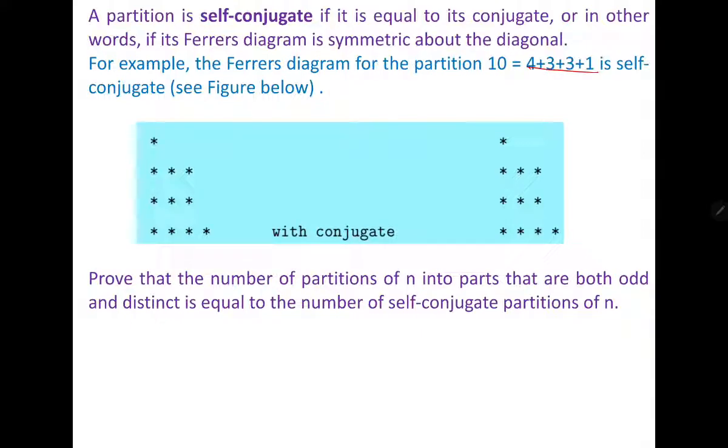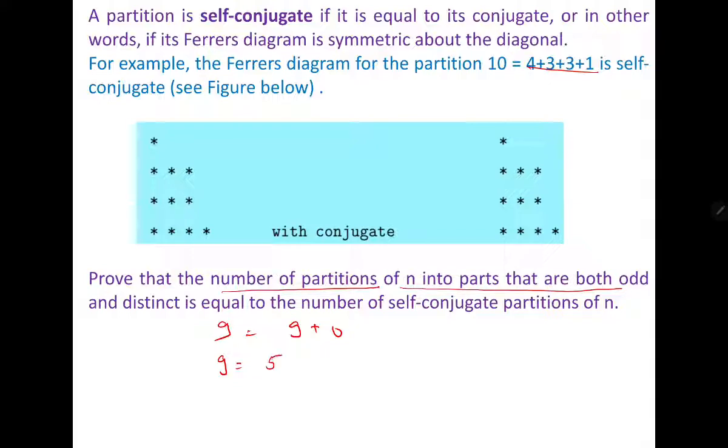Now the question comes: prove that the number of partitions of n into parts that are both odd and distinct is equal to the number of self conjugate partitions of n. So for example, let's say 9. One partition of 9 is 9 itself, which is odd and distinct.